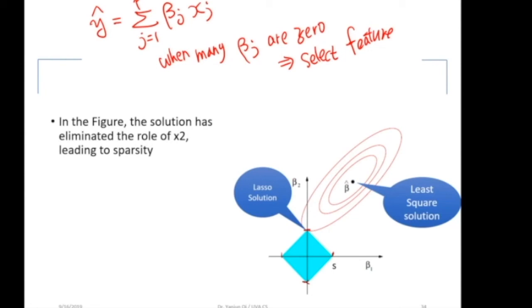Essentially, I'm selecting features through the solution, not performing explicit feature selection at all. And I get a simpler model and hopefully a more interpretable model. And this is normally called a sparse solution. So this is a lasso solution, this is the S solution.